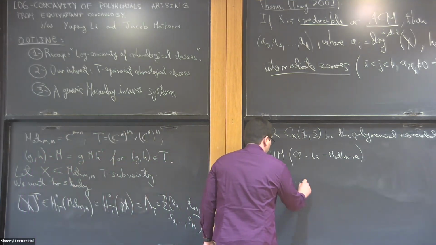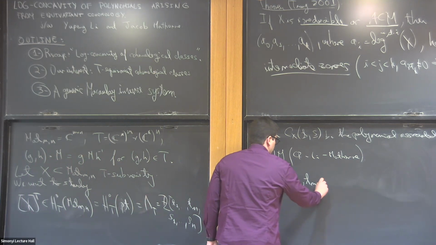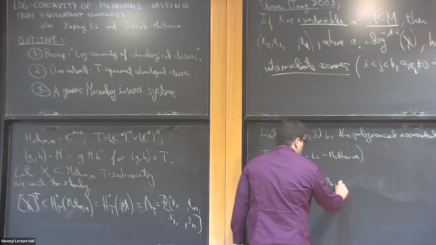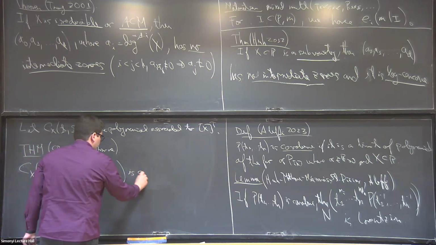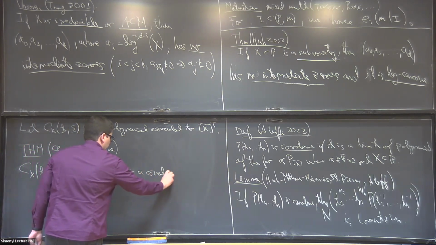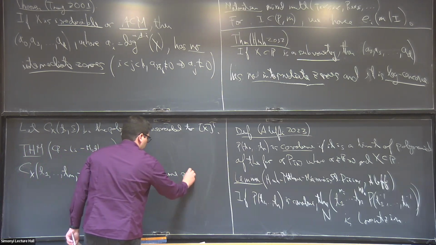So t1 until tm, and minus s1 until minus sn, is a covolume polynomial.